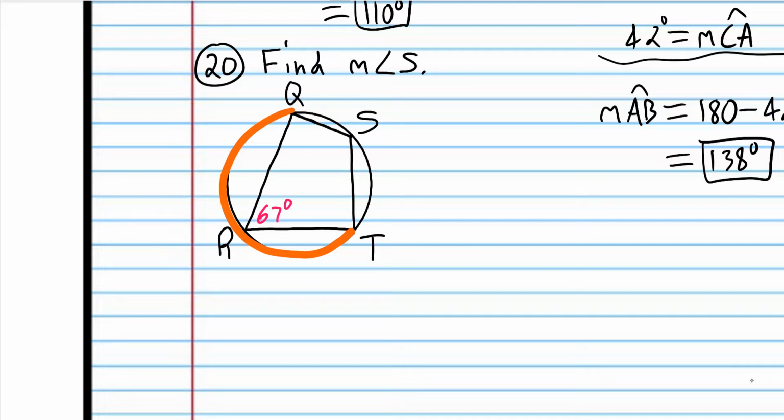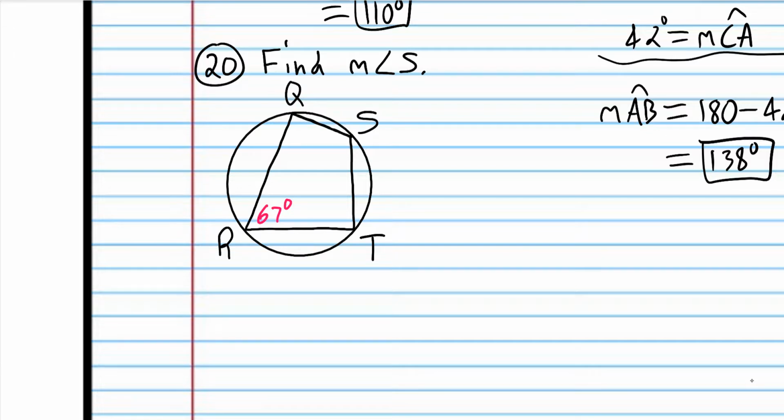Now notice that that arc corresponds to this angle, which is what we're looking for. So again, use the inscribed angle theorem. That tells you that that orange arc divided by 2 is the corresponding inscribed angle measure. The arc measure divided by 2 is the inscribed angle measure. So 226 divided by 2 is 113.